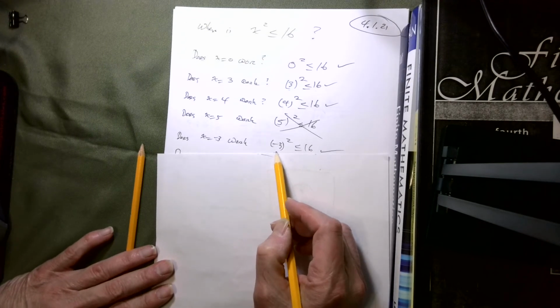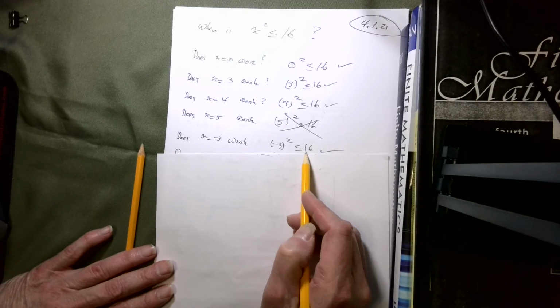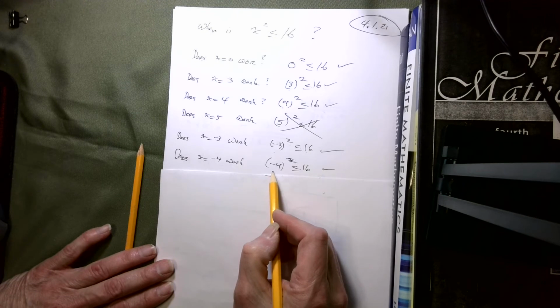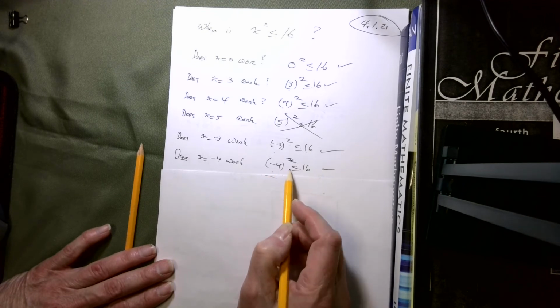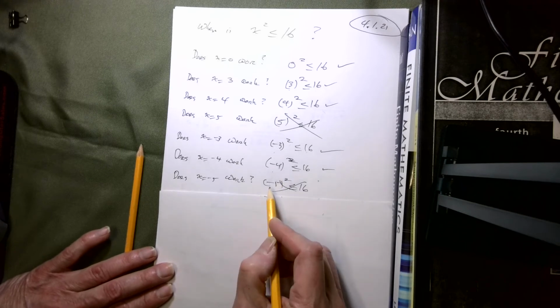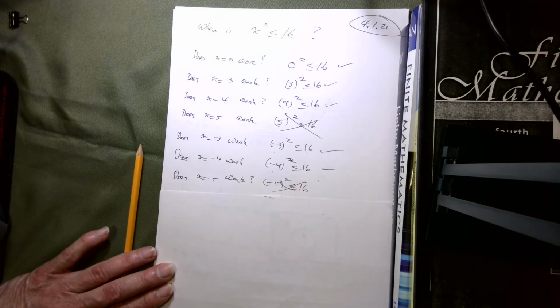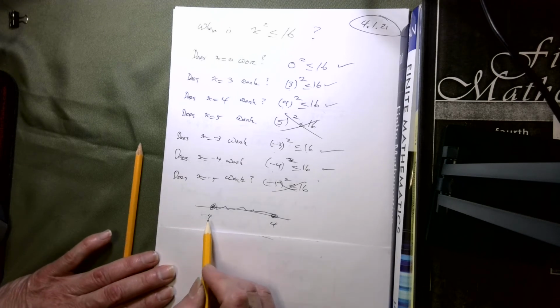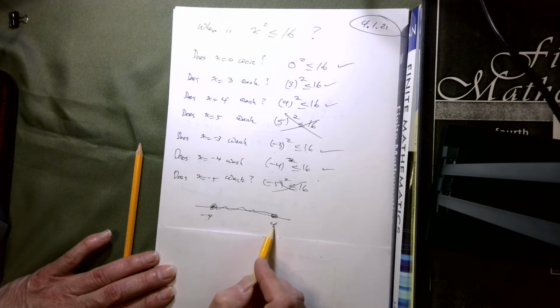So if I take a negative 3 and I square it, that's 9. That's still less than or equal to 16. And if I use a negative 4, that is 16, which is less than or equal to 16. But if I try to use negative 5, no. 25 is not less than or equal to 16. Which means I'm allowed to choose x's between negative 4 and 4.